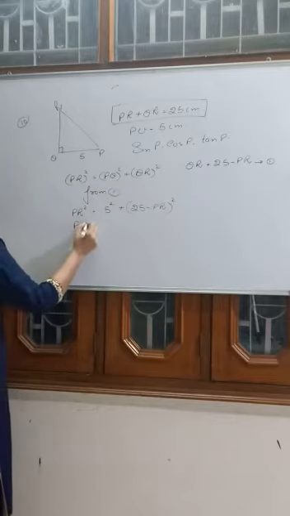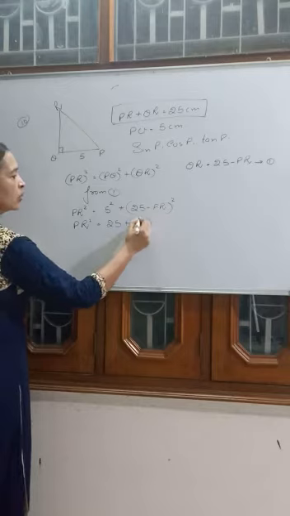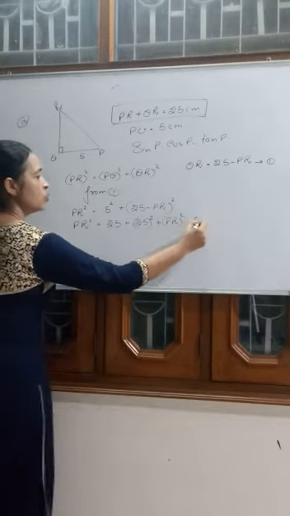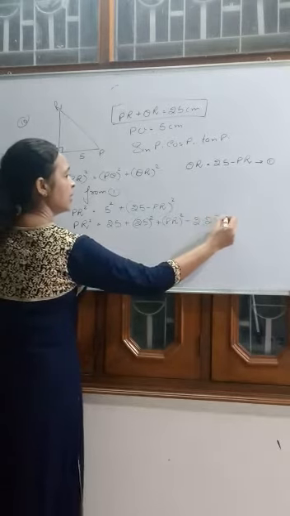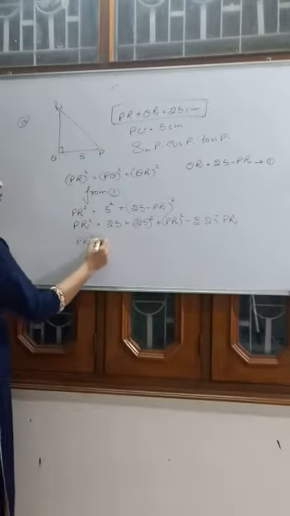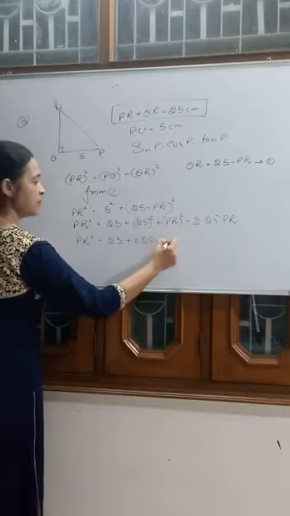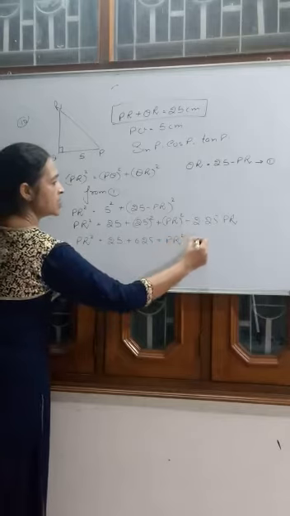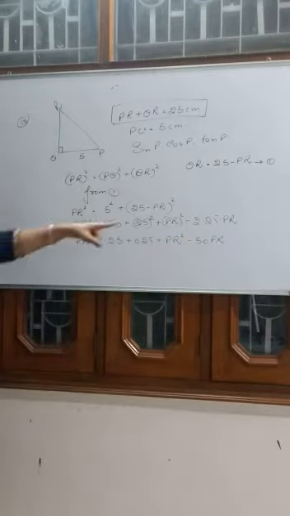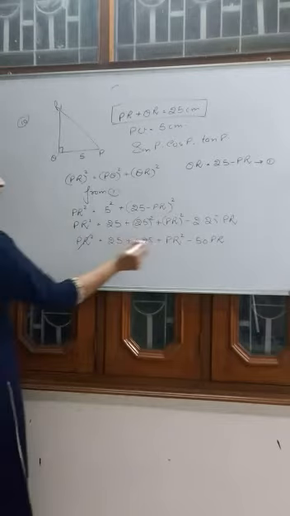PR square equals 25 plus 25 whole square plus PR square minus 2 into 25 into PR. PR square equals 25 plus 625 plus PR square minus 50 PR. We have PR square on both sides, left hand side and right hand side. We can cancel it.